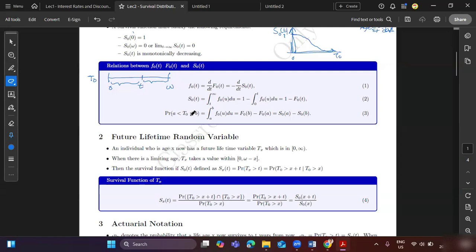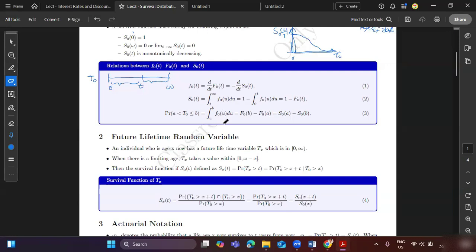For an example like this, if that person survives for 35 years, then A becomes 35. And if the death occurs before the 50th age, then B becomes 50. So we know our study period runs from 35 to 50, which spans 15 years.